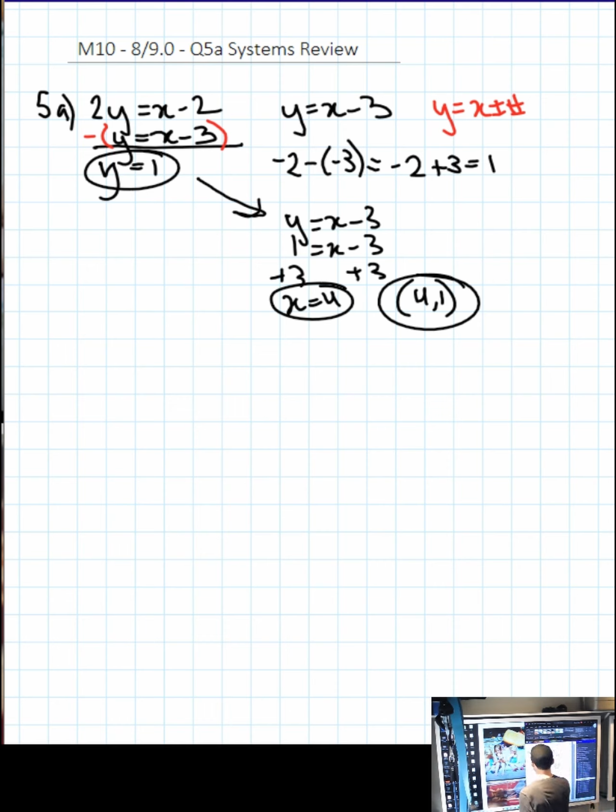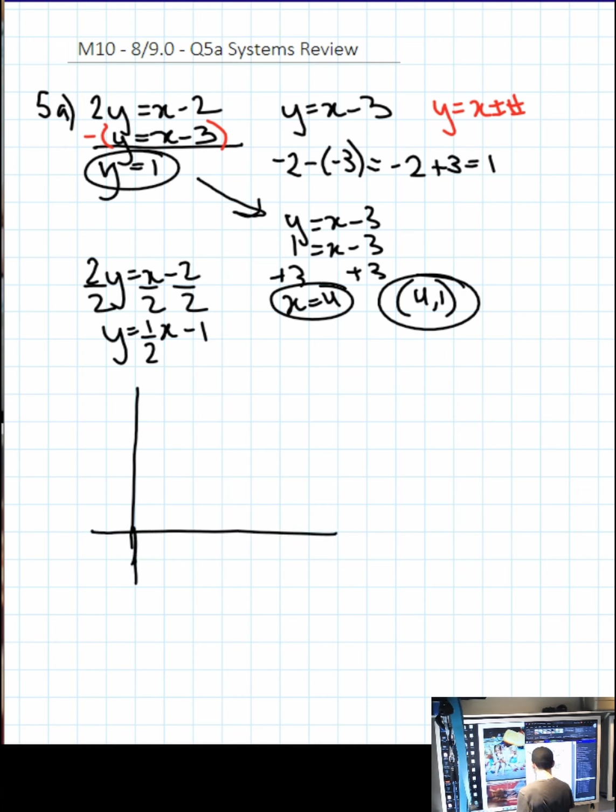So let's take the equation on the left and divide both sides by 2. y equals, we have a slope of 1/2. So we can draw that graph. We have a y-intercept of negative 1, and up 1 over 2, up 1 over 2, up 1 over 2.